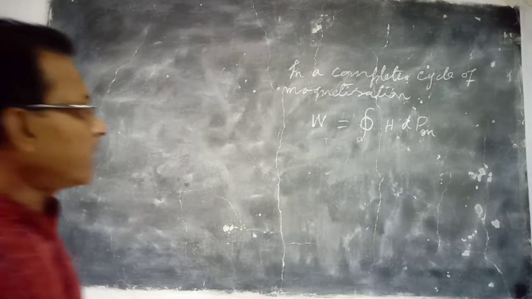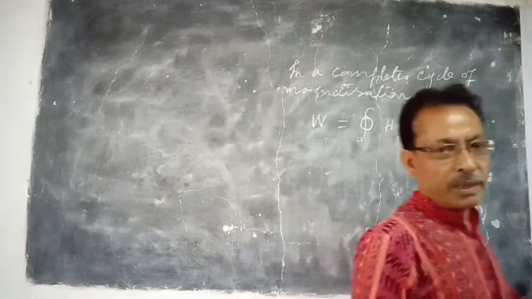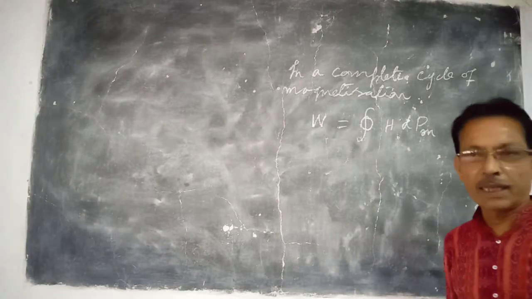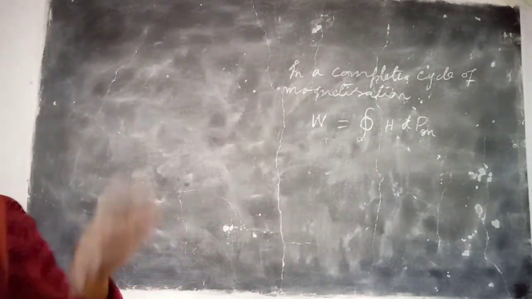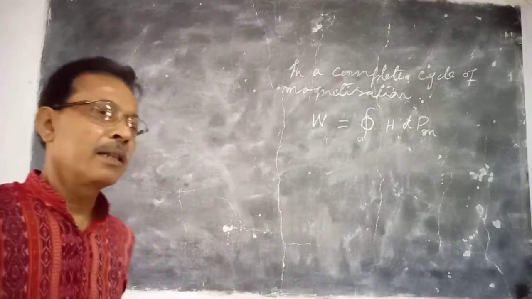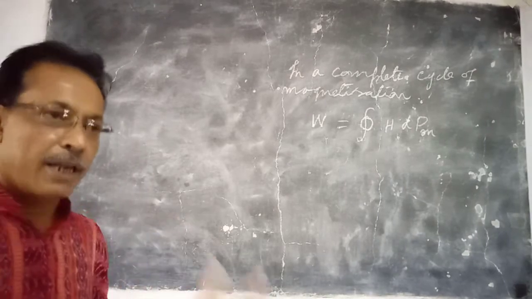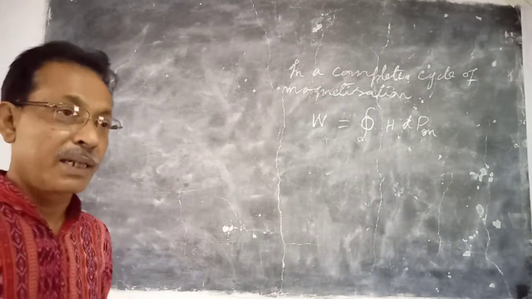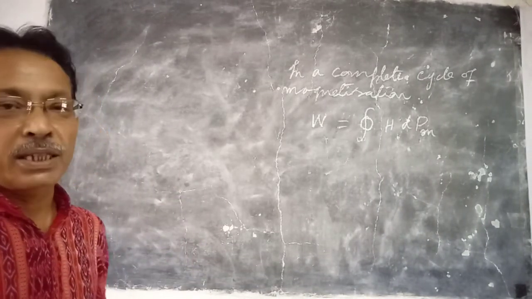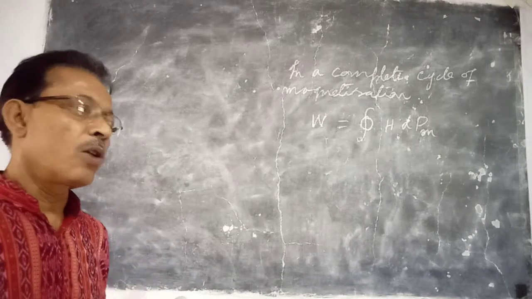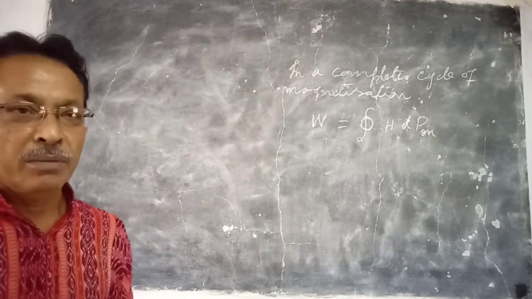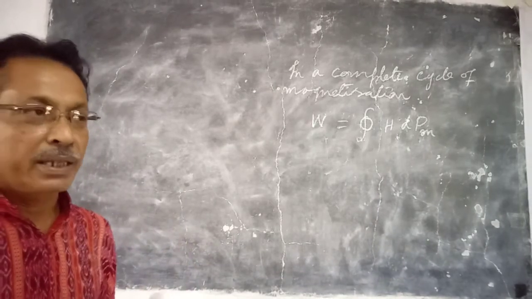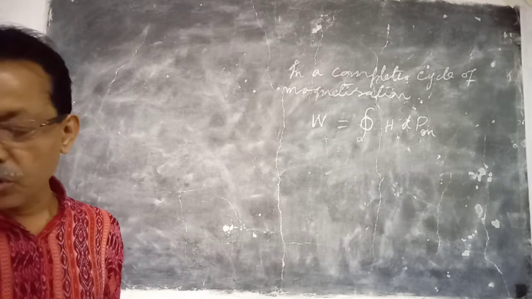Over a complete cycle of magnetization, sometimes work will be done on the material, sometimes work will be done by the material. So we have to calculate the total amount of work done by the external field and the total amount of work recovered from it, or work done by the material. If they are equal, then the process is reversible, and if they are not equal, that means irreversible process, and if more work is done on the material than recovered from it, then energy will be lost.